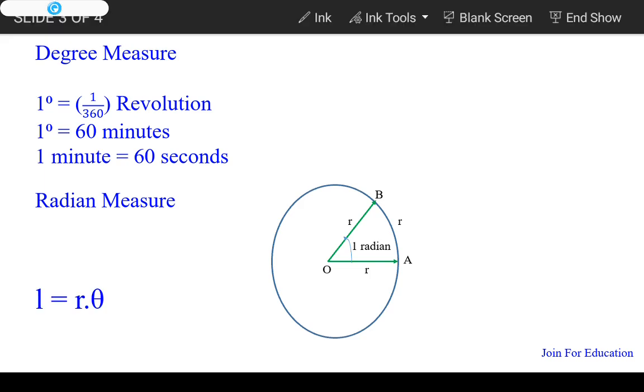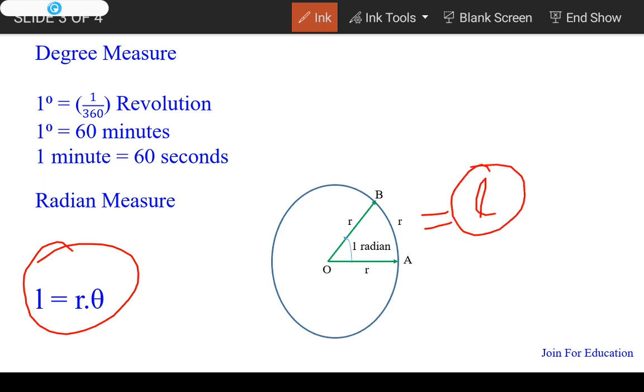L equals R theta. The length of AB is also known as L, or linear displacement, and this is the angular displacement, and this is the R. There is a relation between linear displacement, angular displacement, and radius of the circle.